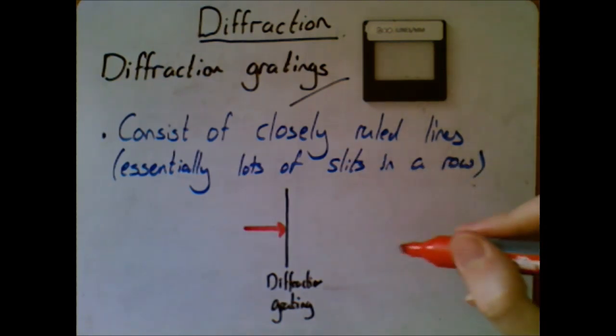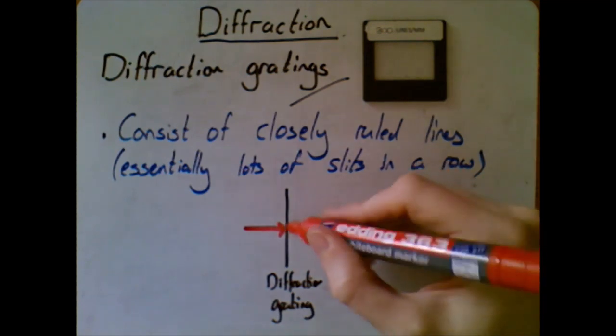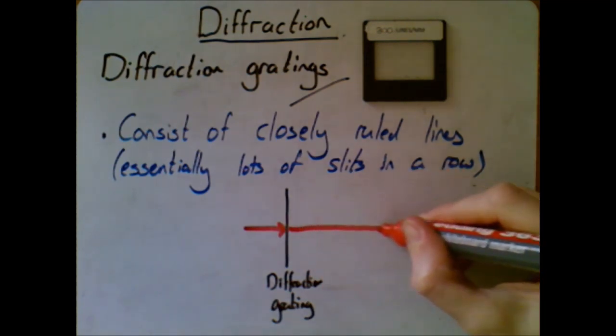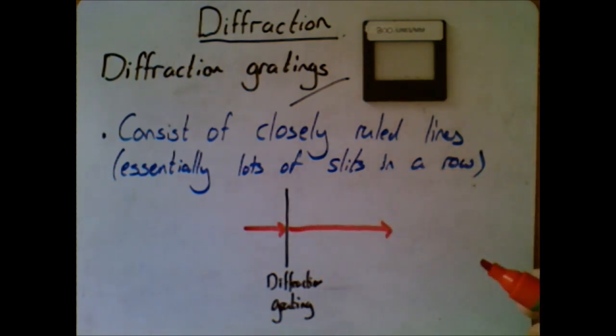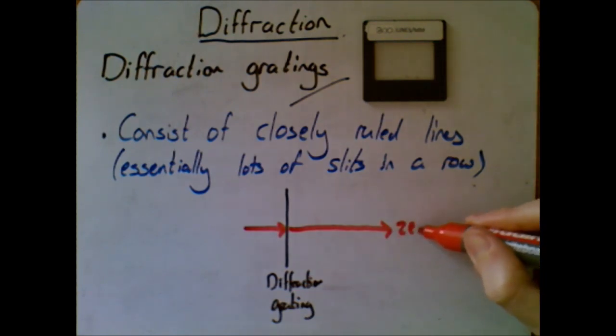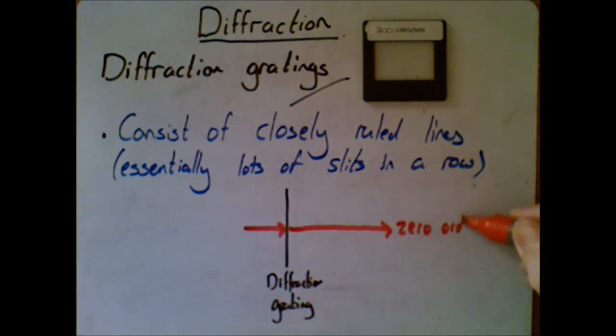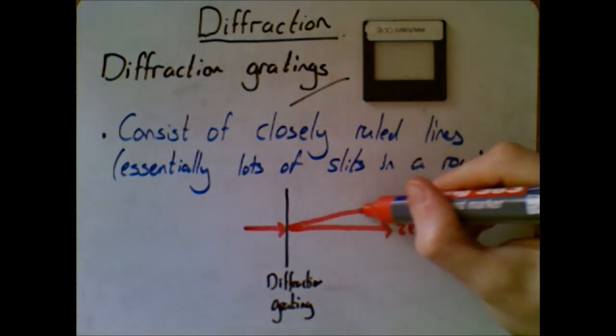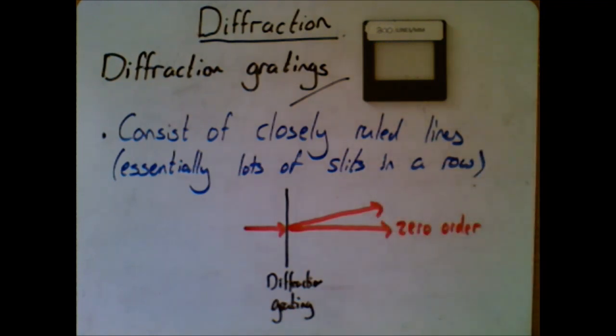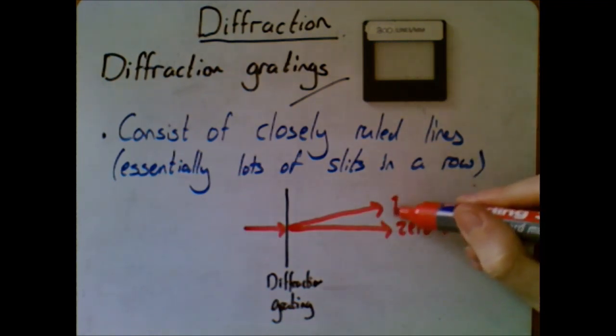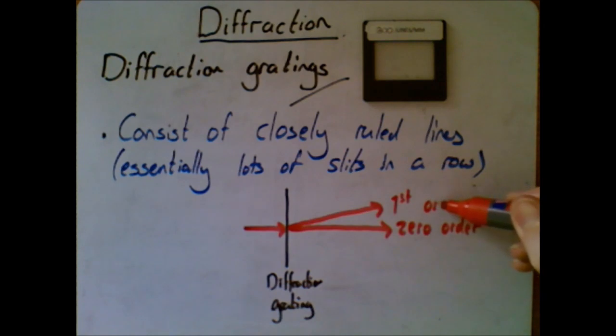And they have certain names now. There will be a maximum straight ahead, and that is called the zero order maximum. Then if we change the angle and look out here, eventually there'll be another maximum, and that would be called a first order maximum, or in other words, n equals 1.